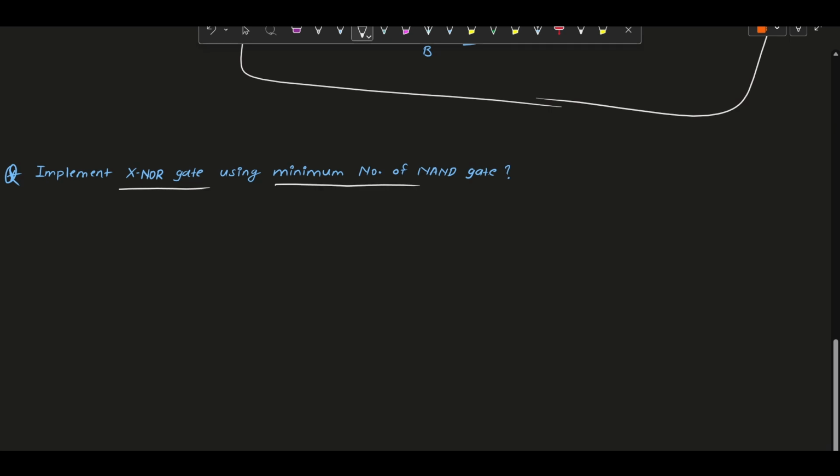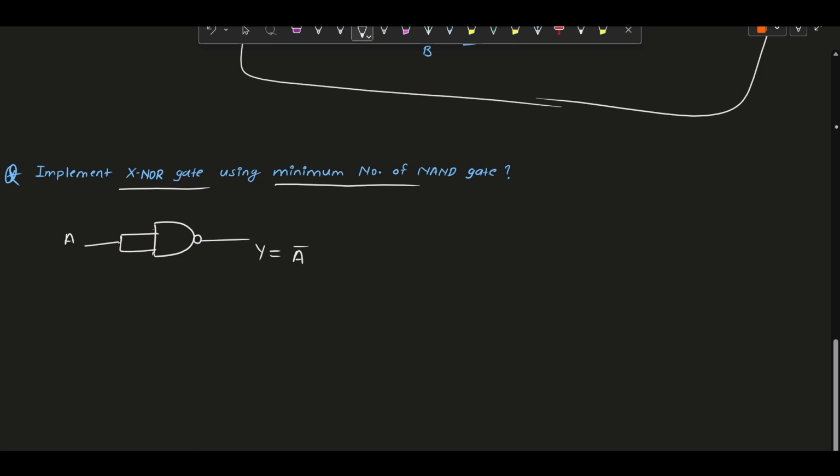Okay, that is very simple. If you have understood the XOR gate implementation using NAND gate, then that is very similar and nothing to do here. One basic fundamental that you all know is how to treat a NAND gate as a NOT gate. For that we provide a common input to both inputs of the NAND gate, and as output we will get the NOT gate expression.